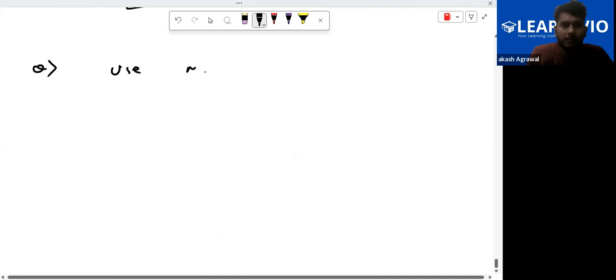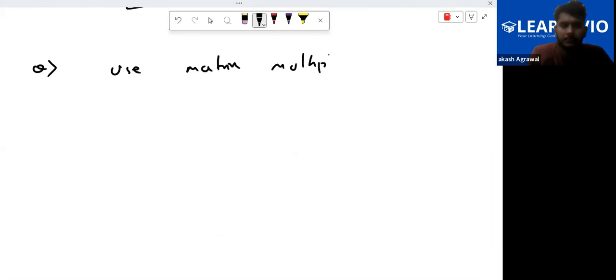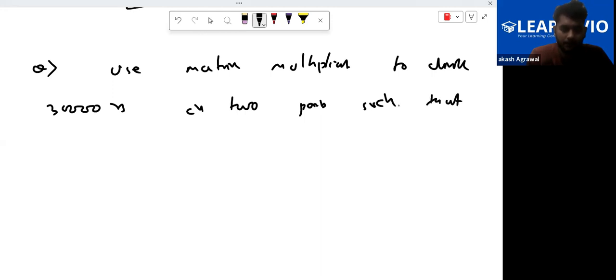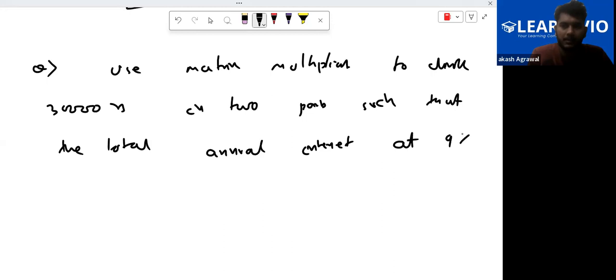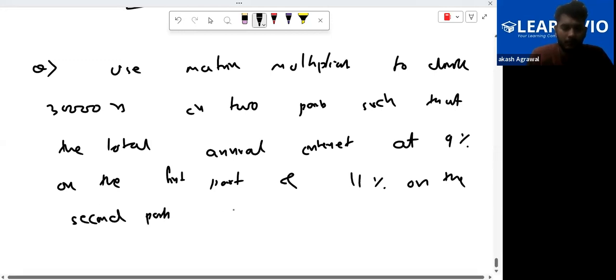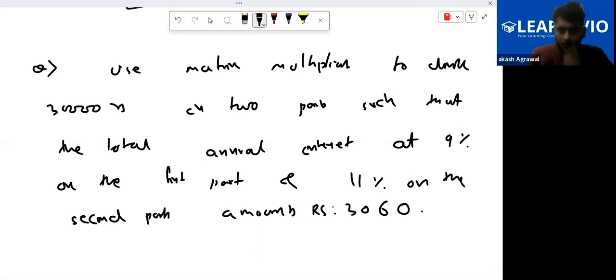They are asking, use matrix multiplication, divide 30,000 in two parts such that the total annual interest at 9% on the first part and 11% on the second part amounts to 3060.